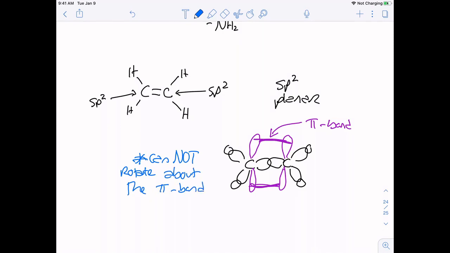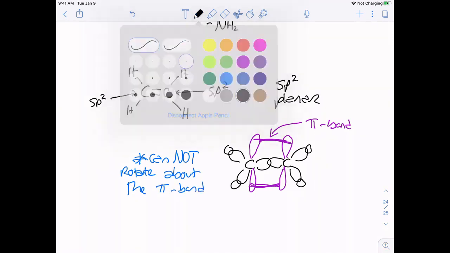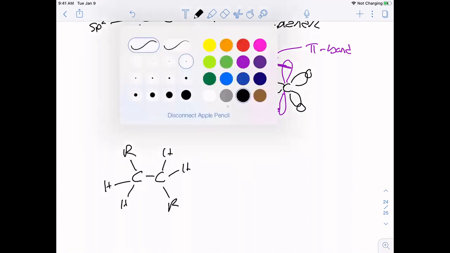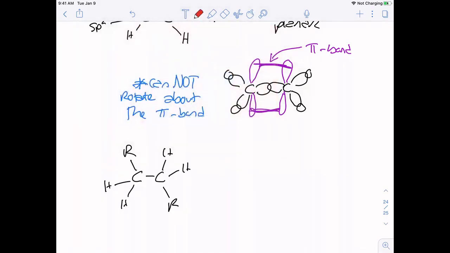I want to make sure that I'm super clear on this. If I had a single bond, these 2 carbons, and let's put some R groups on them. Because this sigma bond is overlapping just in the one spot, end to end, I can rotate around that bond.